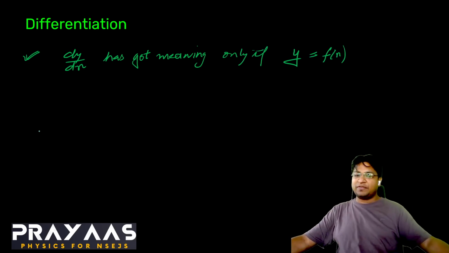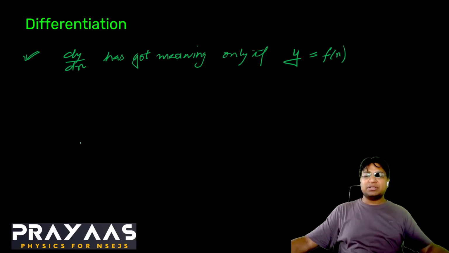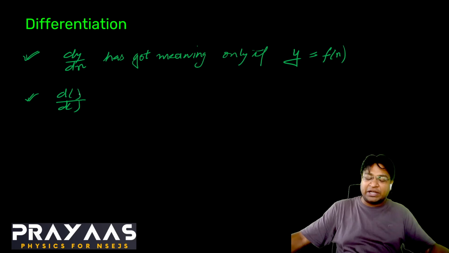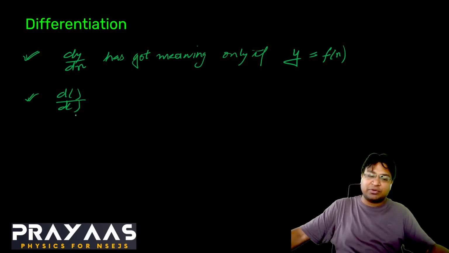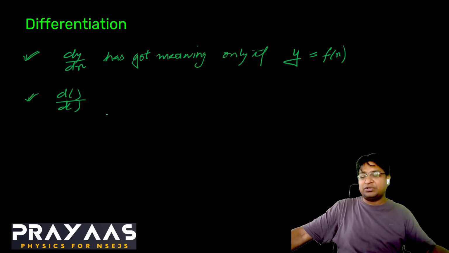If y is not a function of x, dy by dx is simply zero. So remember this: if you are trying to differentiate anything with respect to something, then whatever you're writing in the numerator should be a function of what you're writing in the denominator. That is one thing that you need to remember.